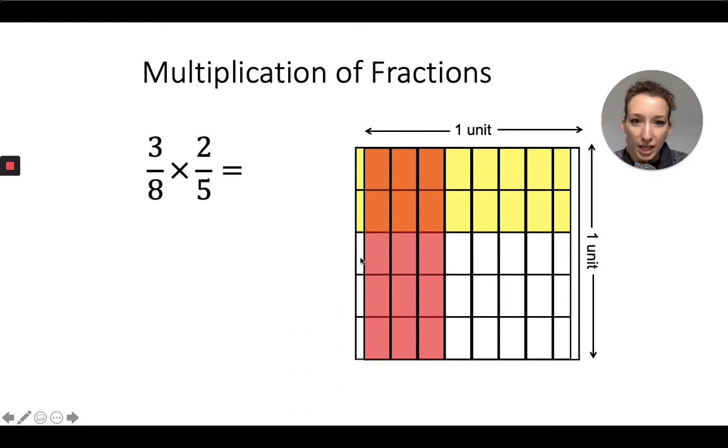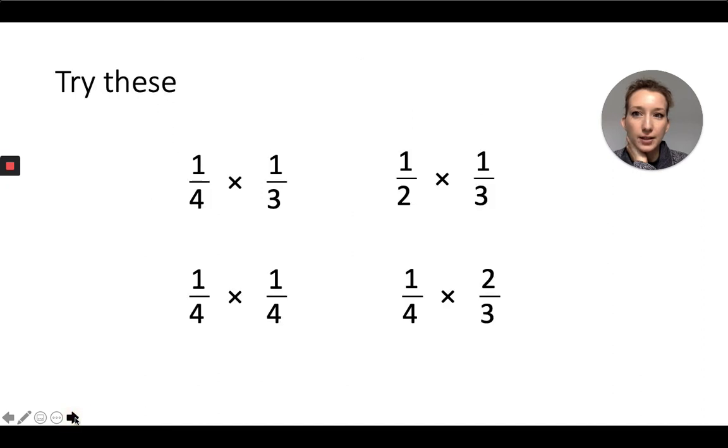I'm not sure what's happened there with the animation, but there should be 8 times 5, which is 40 parts, and 3 times 2, which is those 6. So you should end up with those 6/40 there.